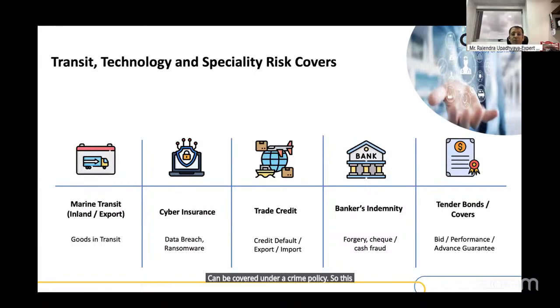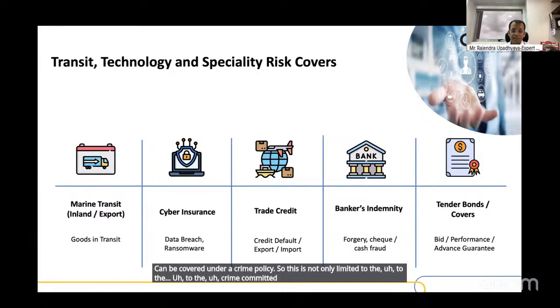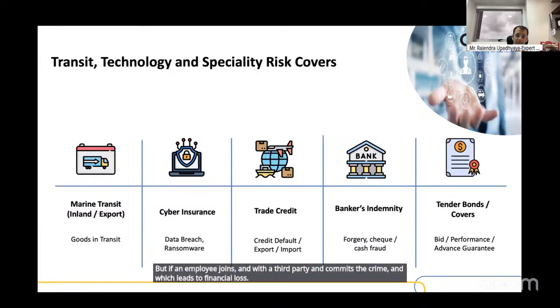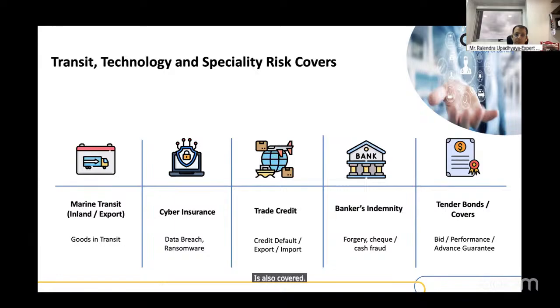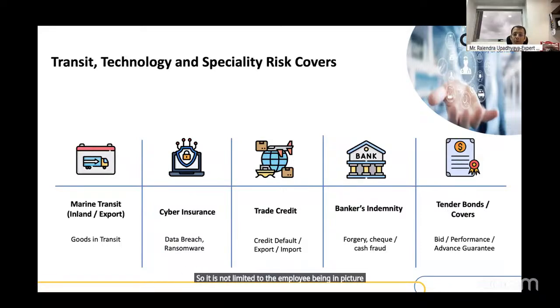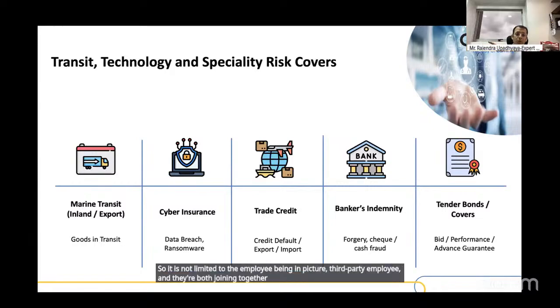So this is not only limited to the crime committed by that employee, but if an employee joins hands with a third party and commits the crime which leads to financial loss, that is also covered. And the policy also covers any criminal act by a third party, even without an employee. So it is not limited to the employee being in the picture; third party, employee, and them both joining together, any sort of financial loss to the company can be covered under the crime policy.